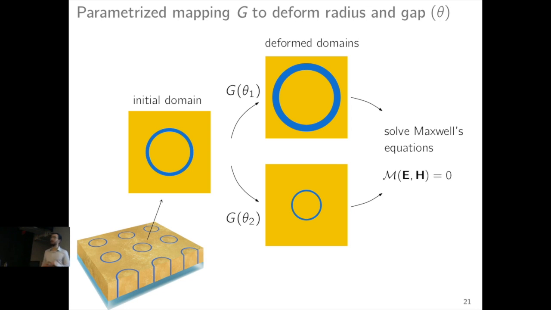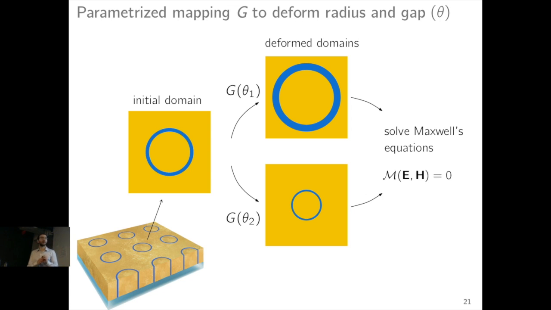And these are the only variations that I've considered in my dissertation, although it could be extended to more complicated deformations. So homogeneous variations of radius and gap. So for different instantiations of the parameter, we get, for instance, two different deformed domains, and then to get the electromagnetic response, we just solve regular Maxwell's equations on these deformed domains.